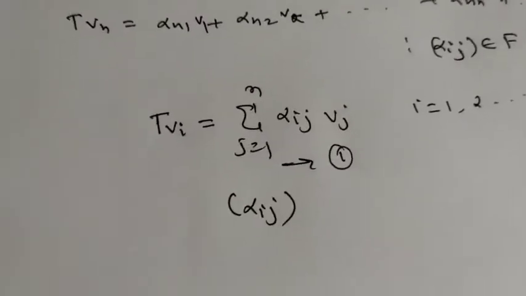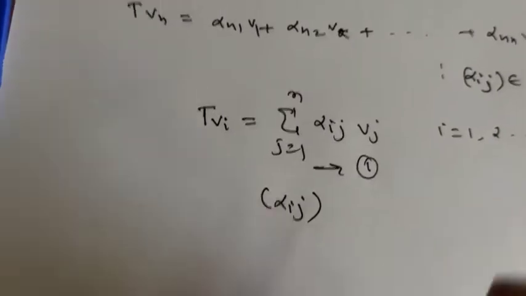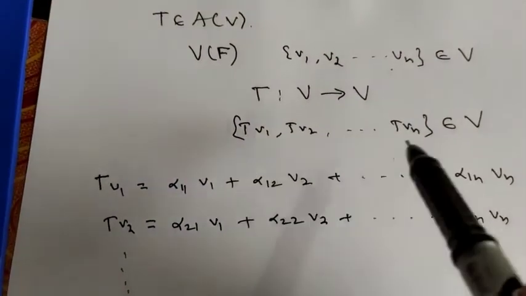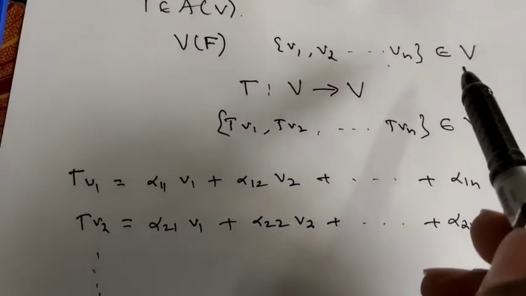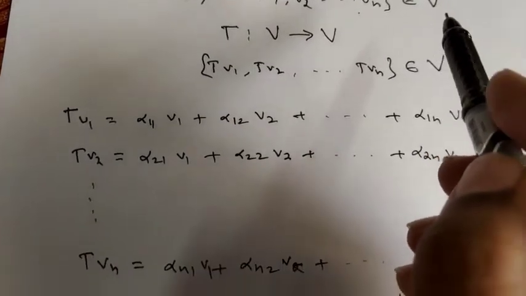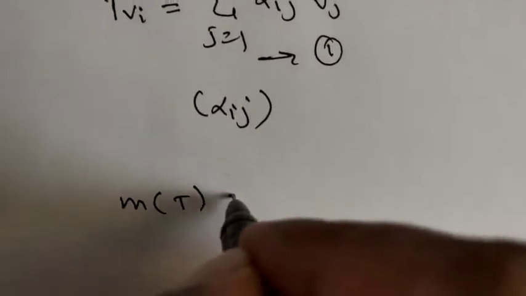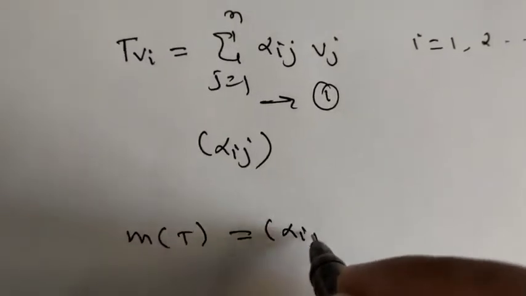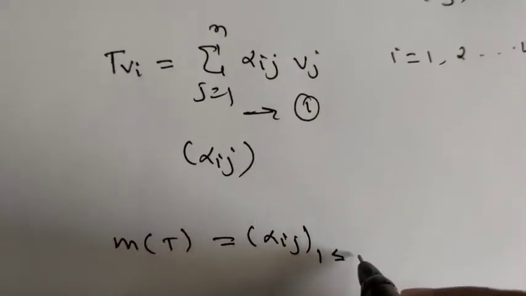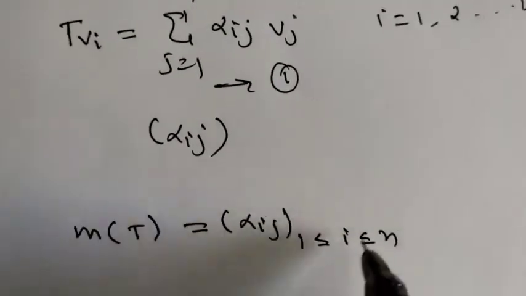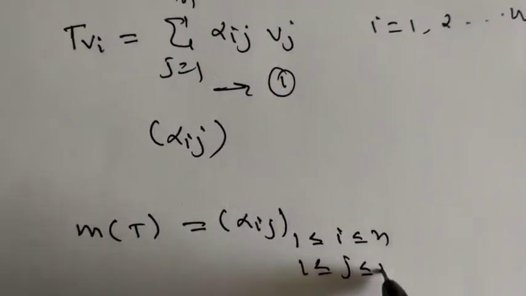So now if V is a vector space of dimension n and if V1, V2, etc., Vn are basis elements of V, then the matrix of T is nothing but alpha ij, with 1 less than or equal to i less than or equal to n, 1 less than or equal to j less than or equal to n.